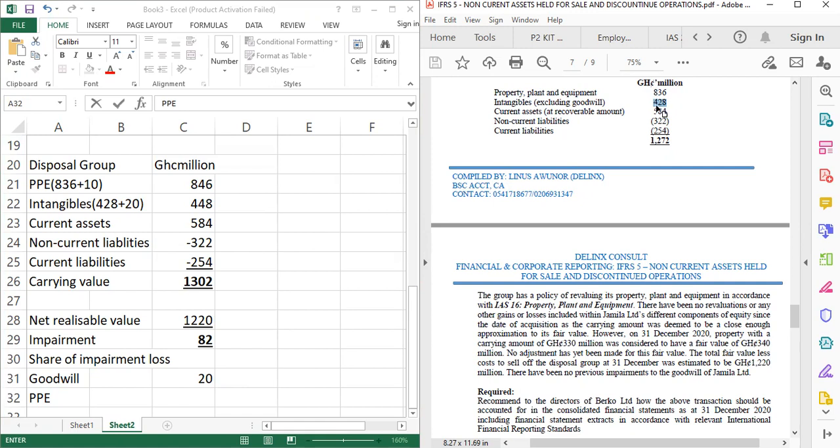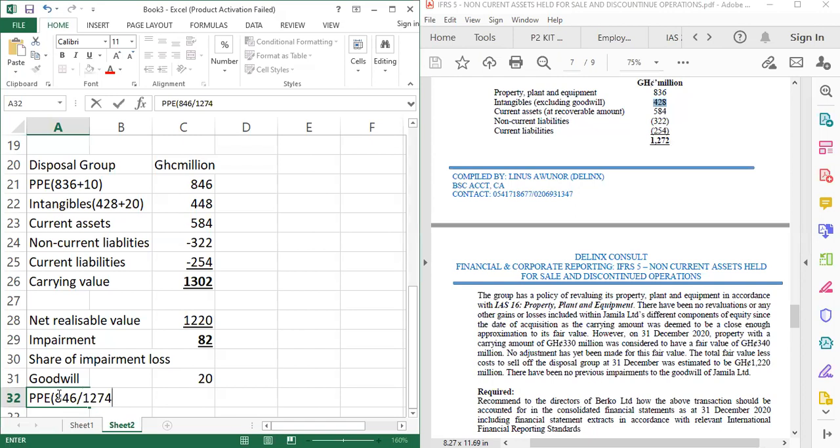It will be 846 plus 428. How much are we getting? So we have 846 divided by the total, the intangibles, which is 428, excluding the goodwill because we have already impaired it, plus 846. What is the answer there? 1274.